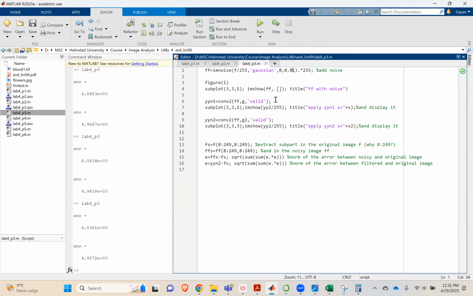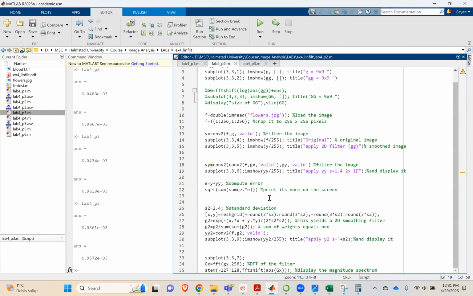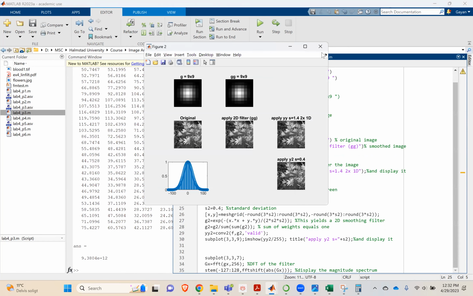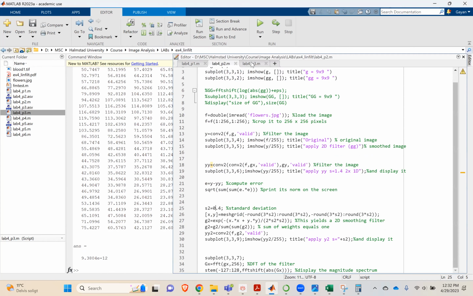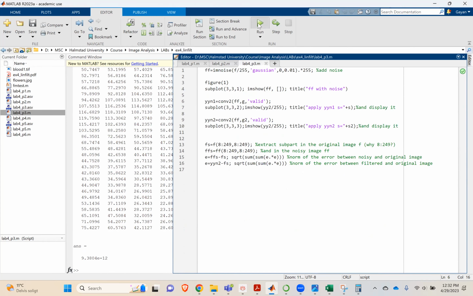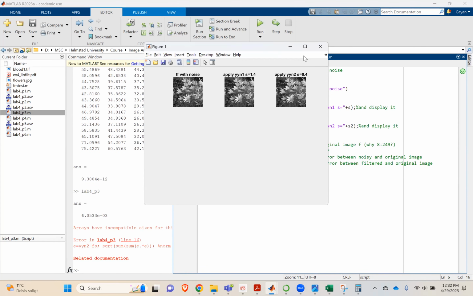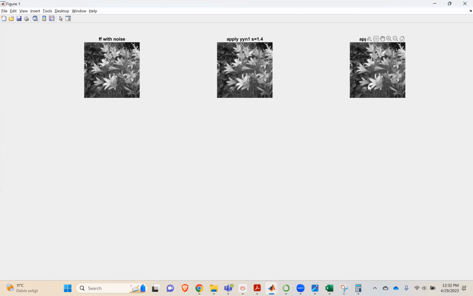this is, I think, noise. I apply this filter G1. But let's see if I can reduce it. This is 2.4. Let's see. Yeah, you can see now this image is perfect, right? So this is the original one.